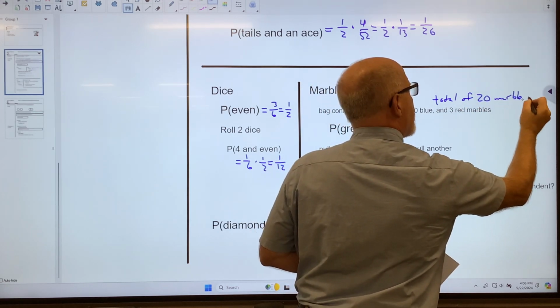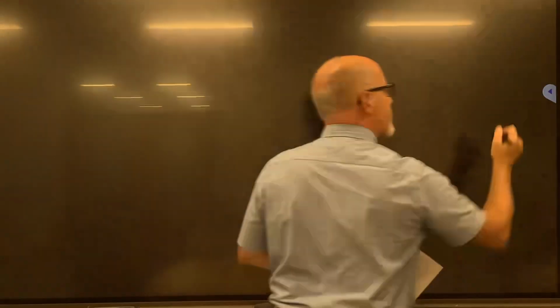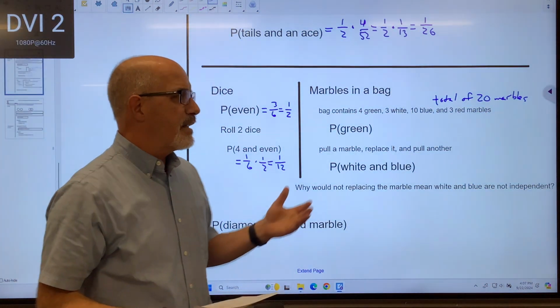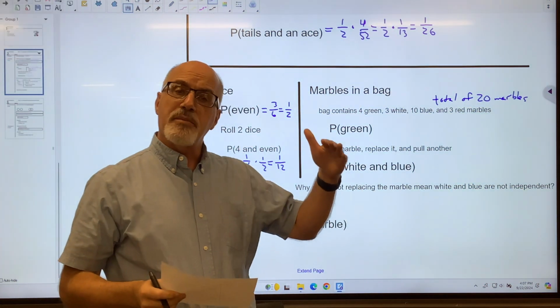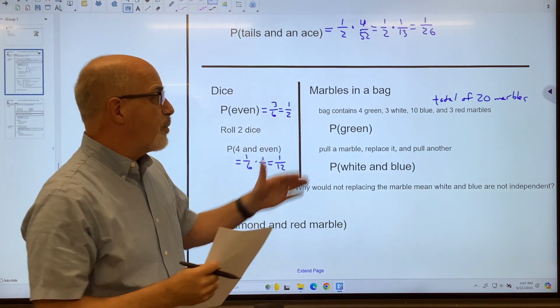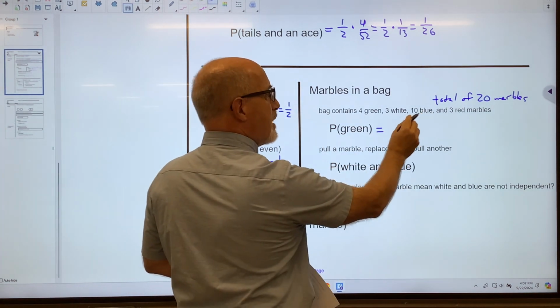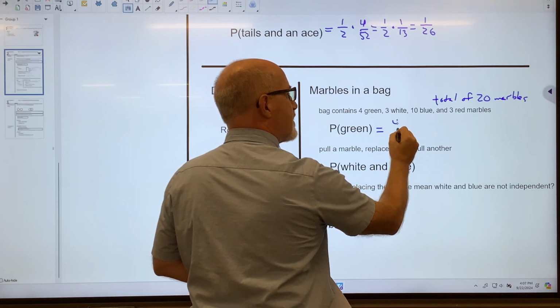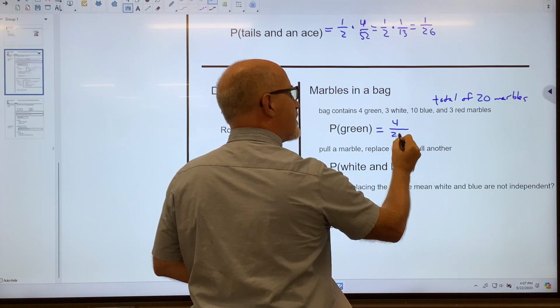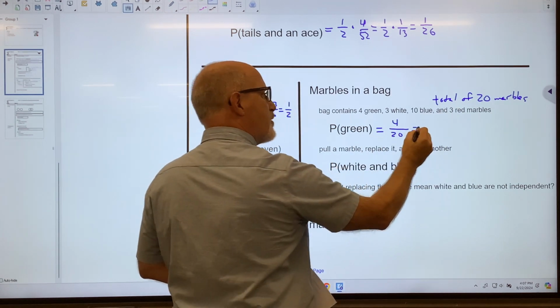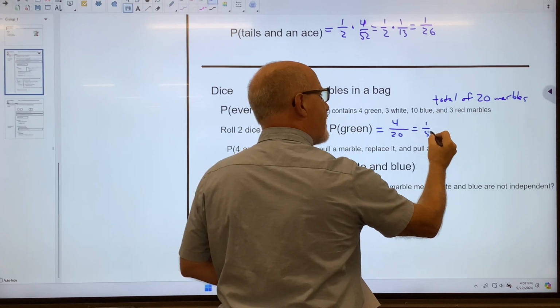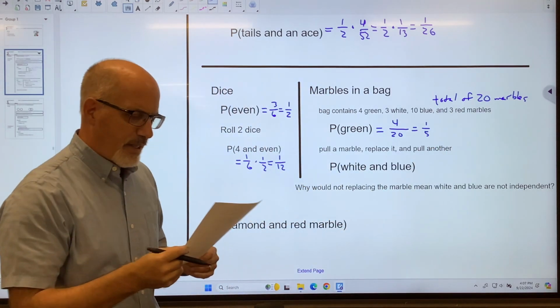Now that's important because this is when we do probability. Probability is where we measure something over the total. So what's the probability of getting a green marble? Well, to get a green marble, we're going to have 4 successes out of our 20 possibilities. 4 out of 20 reduces down to 1 out of 5 as our probability.